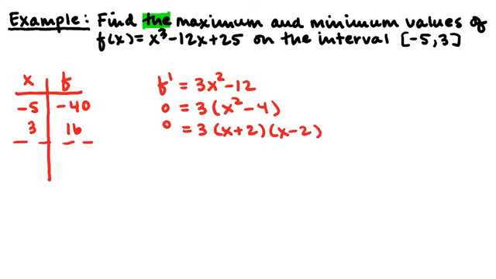And so I'll say that the critical points are 2 and -2, which are both in the interval I'm interested in. Okay? So I'm going to plug both of these into f of x, see what comes back.